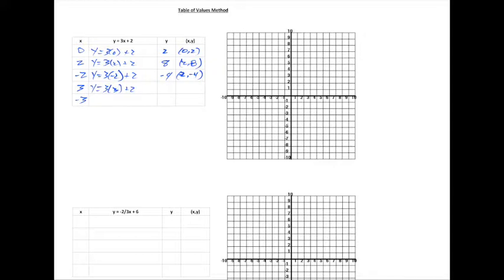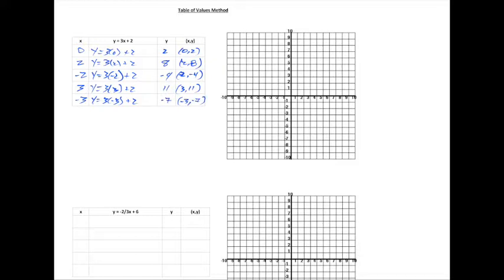And 3 times 3 is 9. 9 plus 2 is 11. So we'd have (3, 11). And last one, y equals 3 times a negative 3 plus 2. 3 times a negative 3 is negative 9. Negative 9 plus 2 is negative 7. And we get the ordered pair (-3, -7).